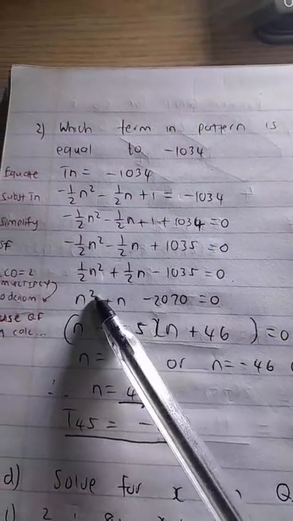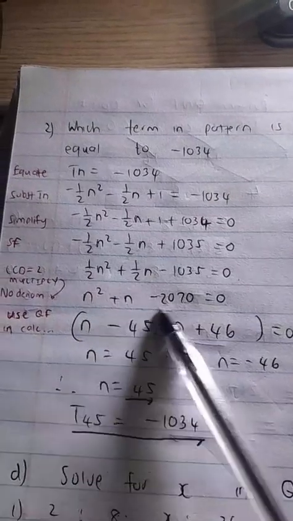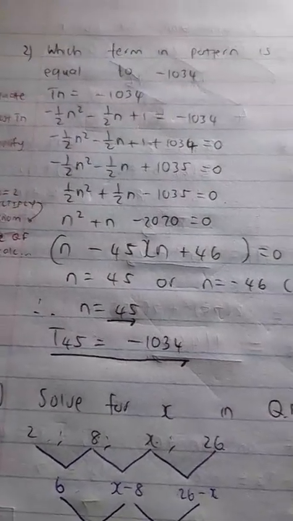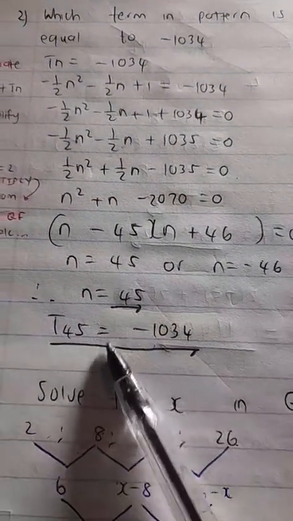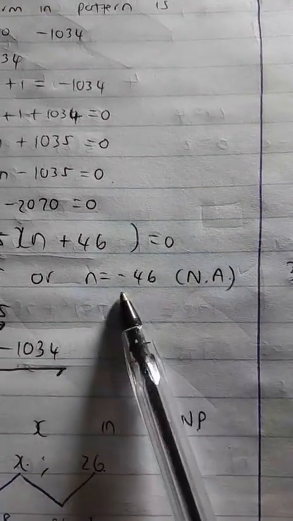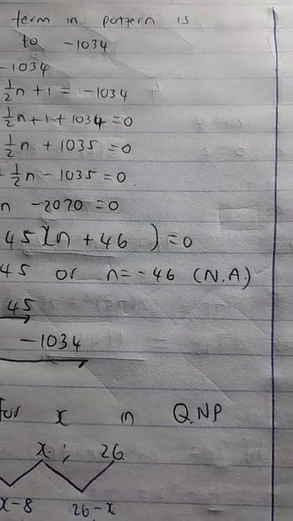Whether in this position you use the quadratic formula or not, at the end of the day you were able to get these values, and you were supposed to have been able to get that it's term 45 that is equal to minus 1,034, because n is equal to negative 46, we cannot utilize as the position of a term.